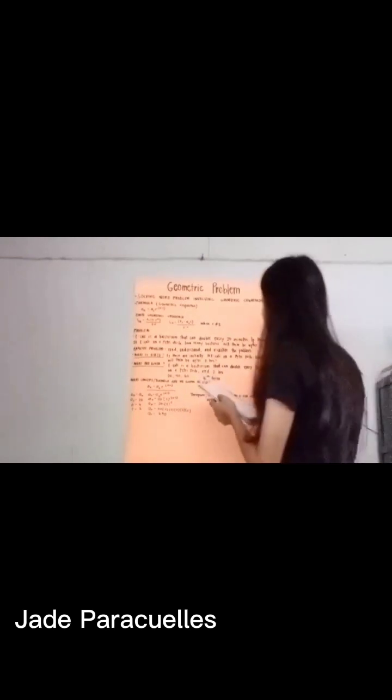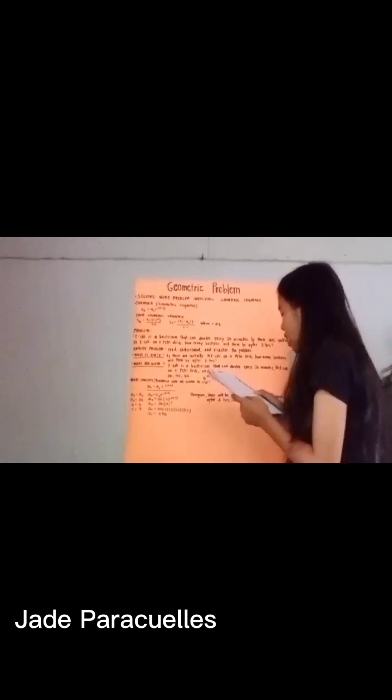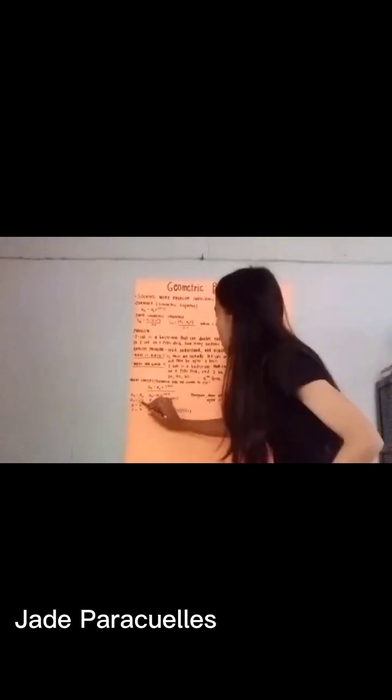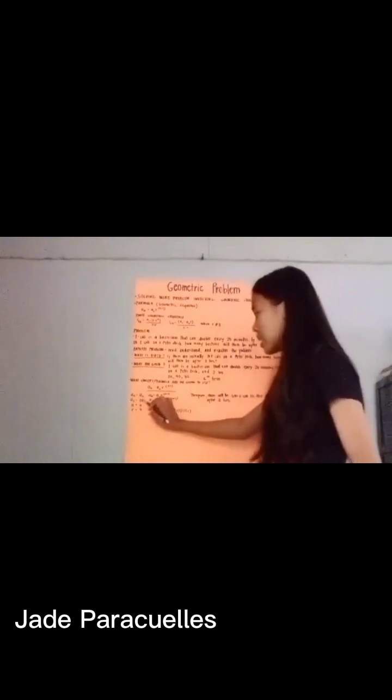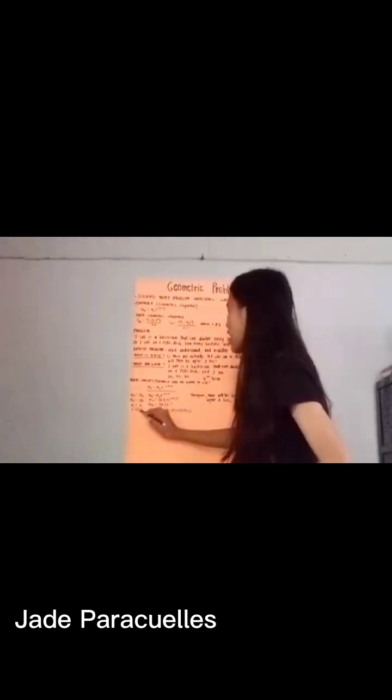So all we have to do now is identify the variables in our formula. A sub n is equal to A sub 6, A sub 1 is equal to 20, n is equal to 6, and the common ratio r is equal to 2.